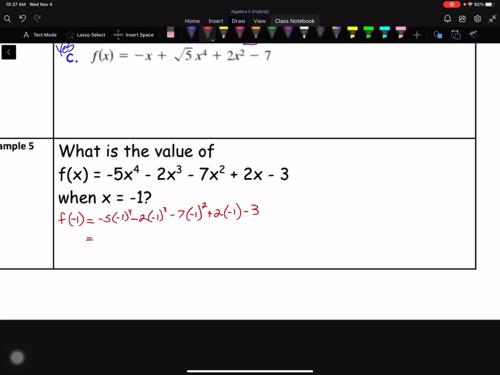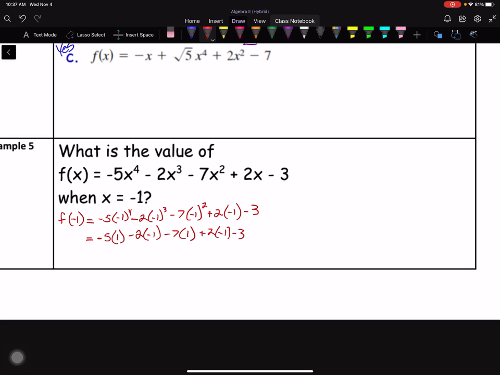Now you just need to simplify to one number. So -5 times -1 to the 4th is just 1. Minus 2 times -1 to the 3rd is still -1. Minus 7 times -1 squared is +1. Plus 2 times -1 minus 3.